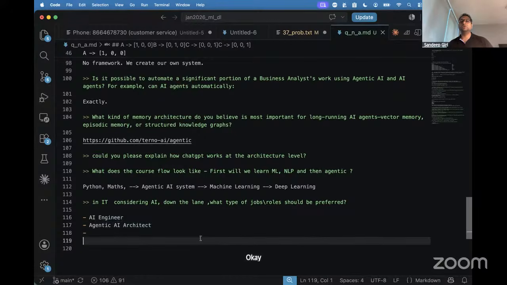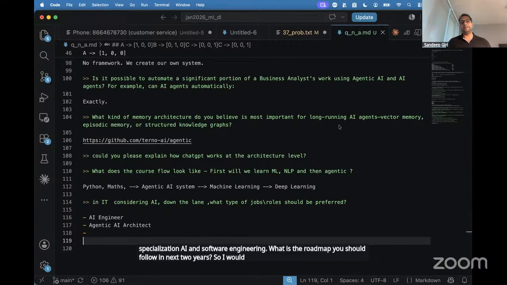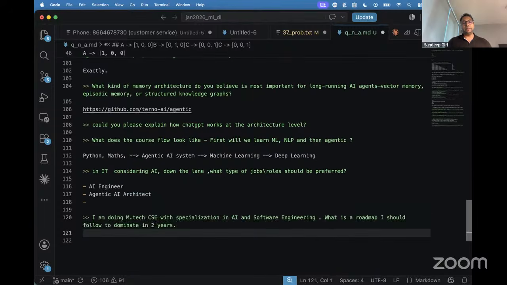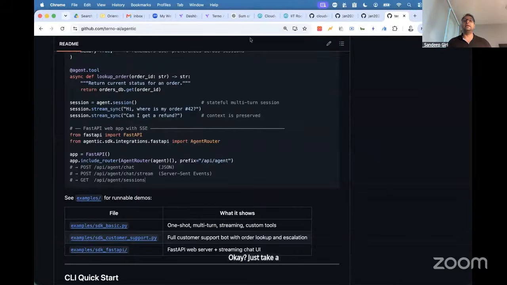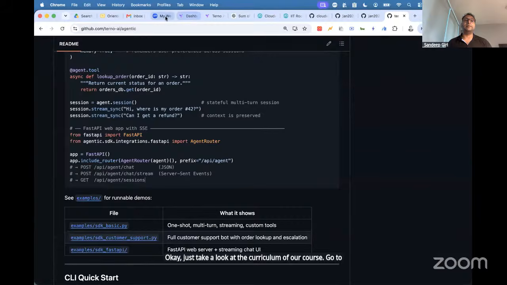Okay. So somebody is saying that I'm doing MTech CSE with the specialization in AI and software engineering. What is the roadmap you should follow in the next 2 years? So, I would say, just take a look at the curriculum of our course. Go to, let's say, CloudxLab here.